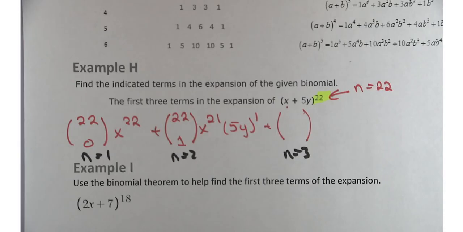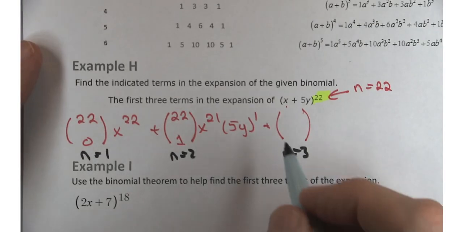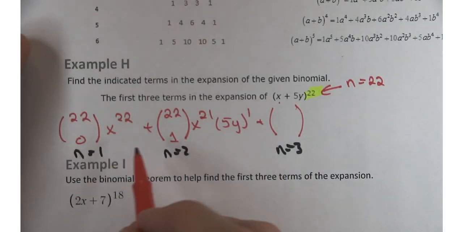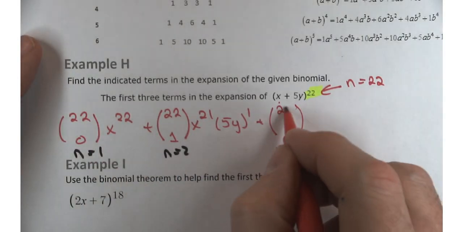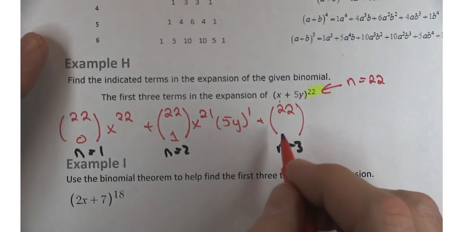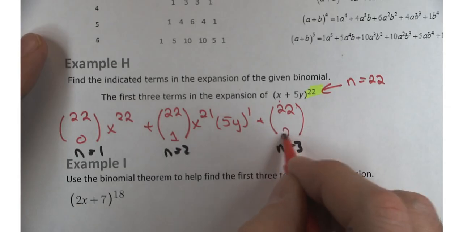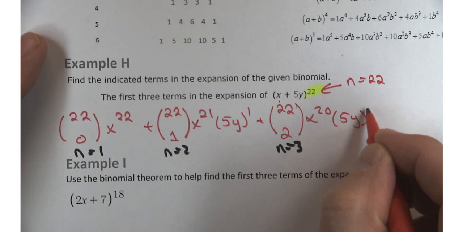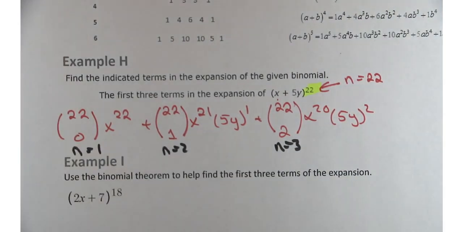Nikki, what should I put here for this next term? Oh, okay. Antonia? Would it be plus 22 choose 2, x to the 20th, 5y squared? Do we agree with that? Is that looking good? Yeah, nice.